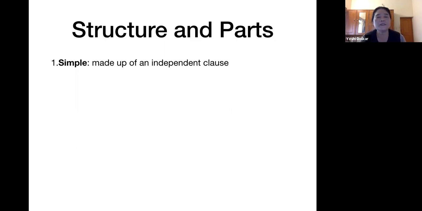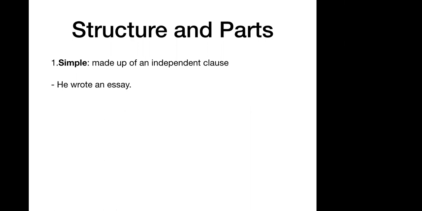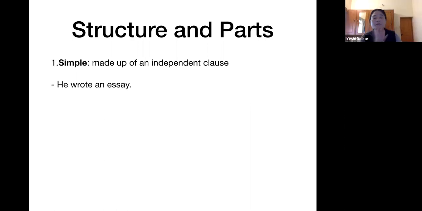Now, in a simple sentence, all right, we'll see one clause, and that clause is called an independent clause. Let me show you. Okay, for example, this sentence, he wrote an essay. It is a clause, all right? And it is an independent clause because it is a complete sentence. It can be written as a sentence on its own.